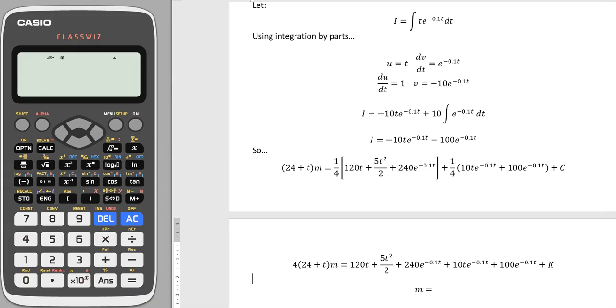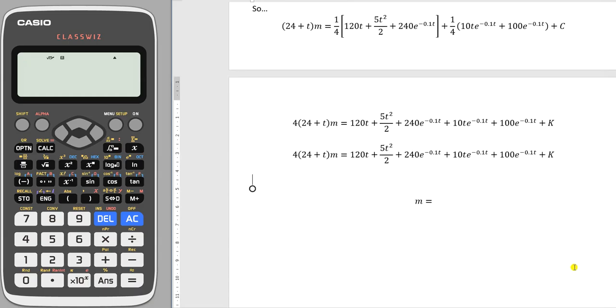We want m in terms of t, so we're going to simplify this. But first, notice what we can combine here, what we can cancel or group together. We've got a term here that involves e to the minus 0.1t. There's another term involving e to the minus 0.1t here.